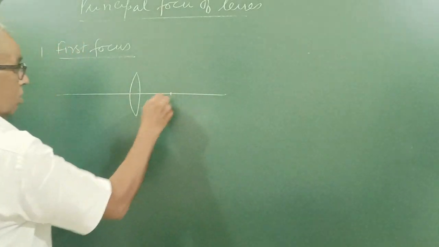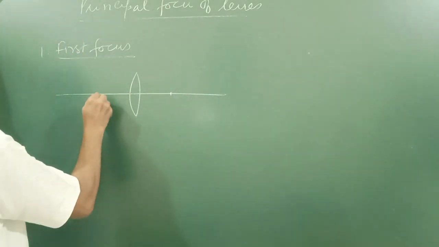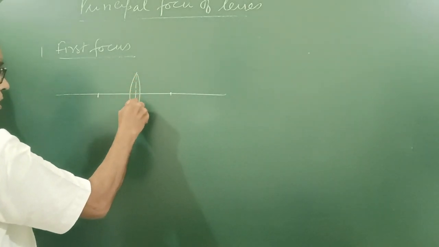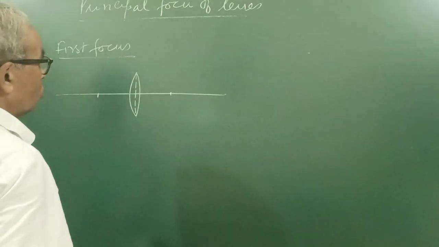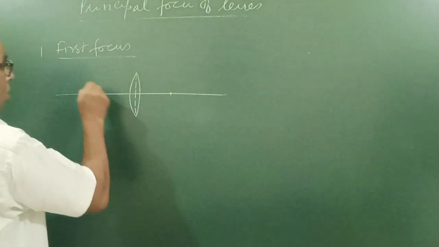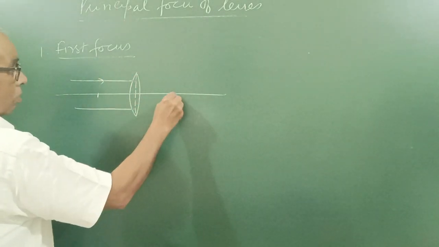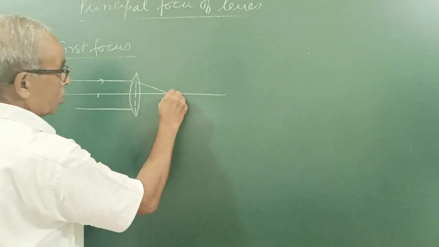Principal focus. First focus. It is the convex lens. Principal axis. So here now I take this line, we divide the thickness into two equal parts, and rays parallel to the principal axis really converge.